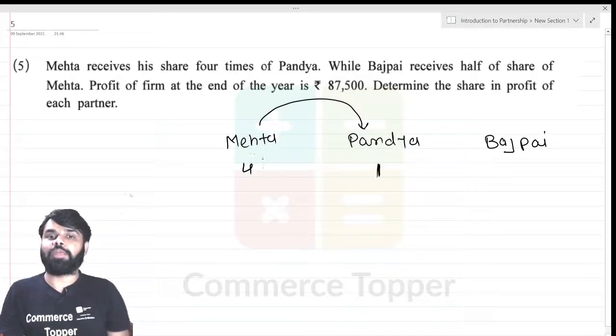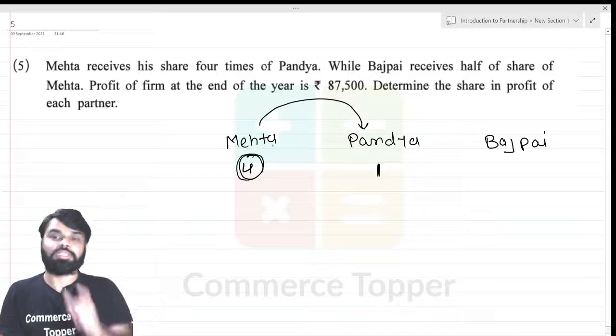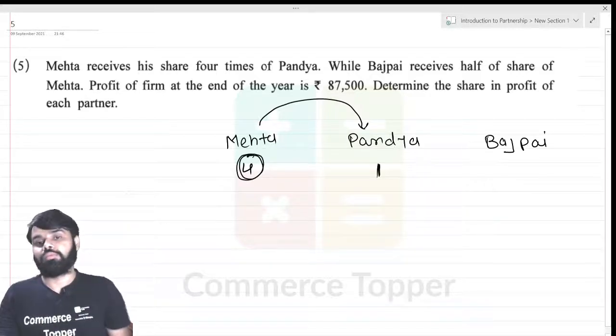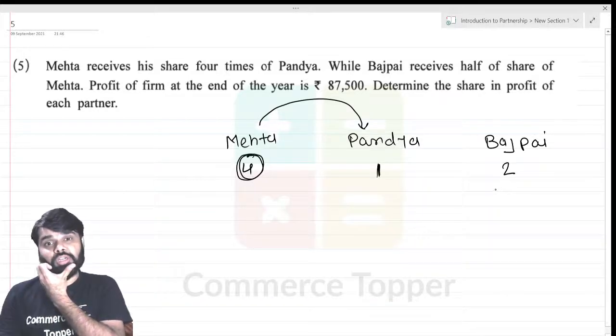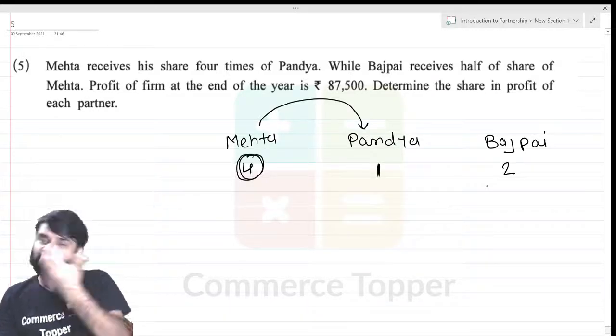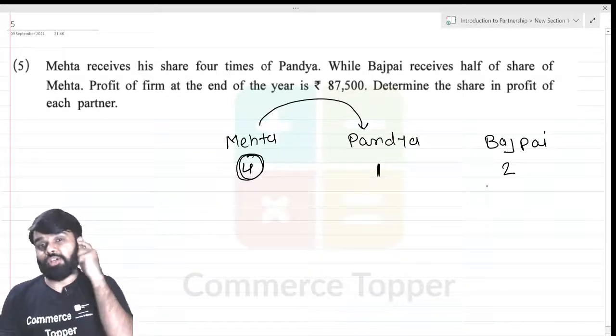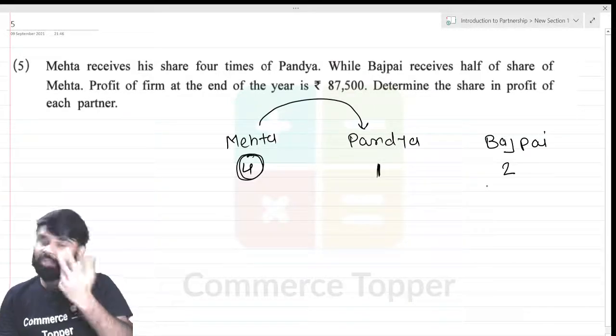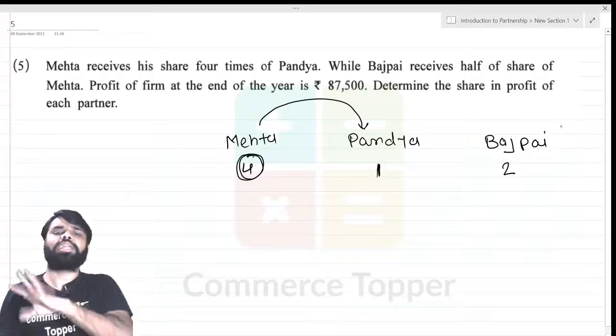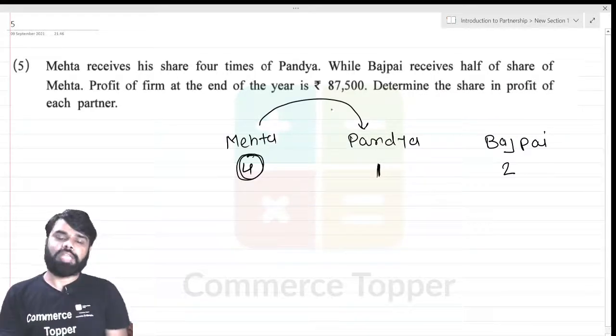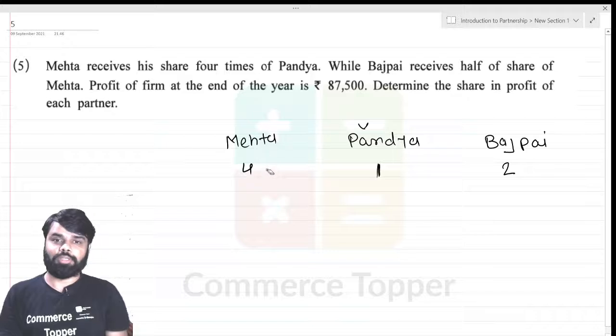Now what Mehta is receiving? 4. Now what Bajpai will receive? Bajpai will receive 2. Sir, what if first of all we assume Bajpai? You can calculate. Sir, what if we assume Pandya as the first case? You can calculate. You can calculate in all the manner. Okay, there is no problem connected with this.